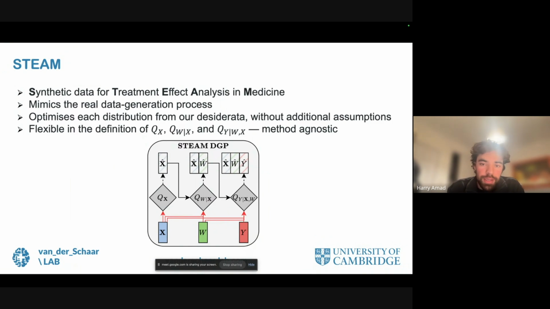So Q of X is basically any generative model which can generate covariates of arbitrary dimensionality. And we train that just to mimic the covariate distribution of the real data without worrying about the treatments or the outcomes. Then Q of W given X is designed to specifically mimic the treatment assignment decisions of the real data.